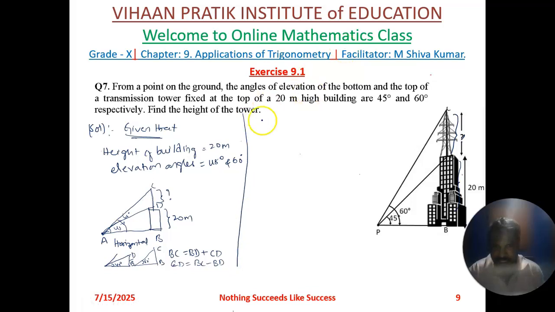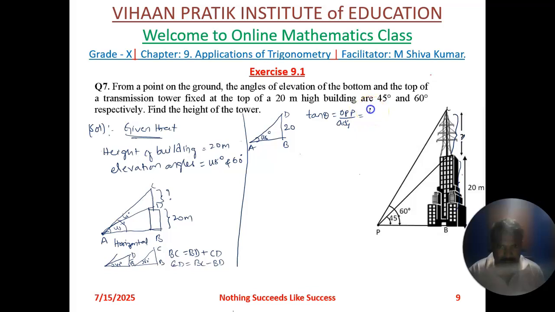Now let's consider the smaller triangle consisting of points A, B, D. Only the building. The height of the building is 20. Angle of elevation is 45 degrees. Opposite is given, we need to find adjacent AB. Therefore, we'll consider the trigonometric ratio tan theta, which equals opposite by adjacent.